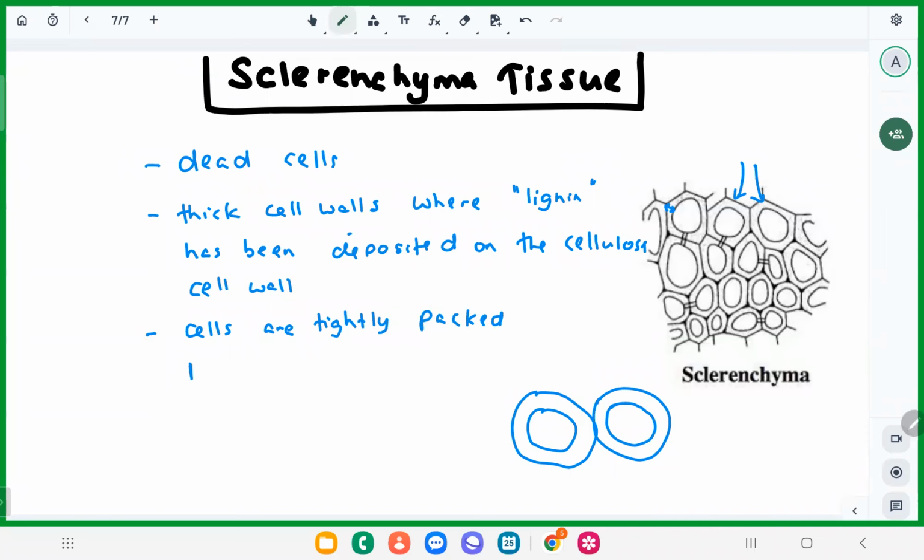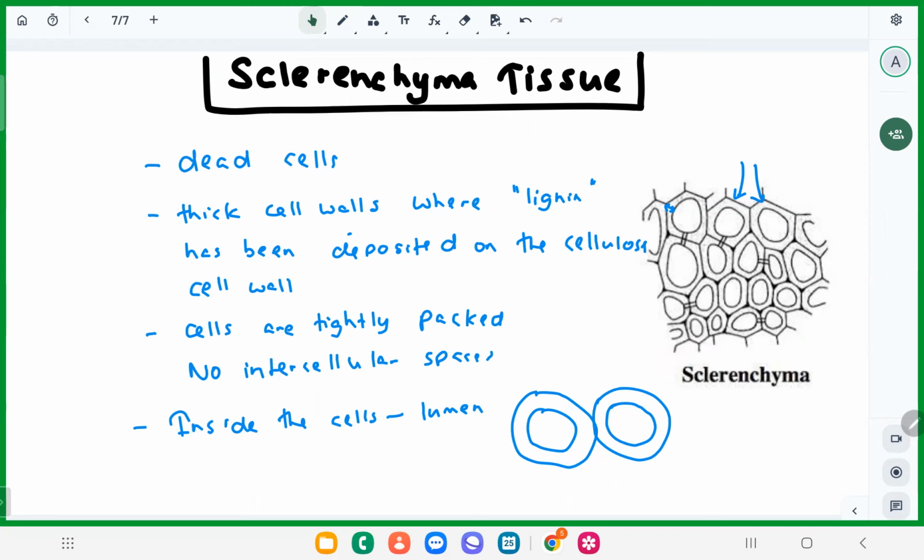No, right? So there are no intercellular spaces. And finally, inside the cells, you see a lumen, an empty hollow space. So these are the features of the sclerenchyma tissue, and this is how you identify a sclerenchyma tissue, by noticing that it is a dead cell with nothing inside and having a thick cell wall.